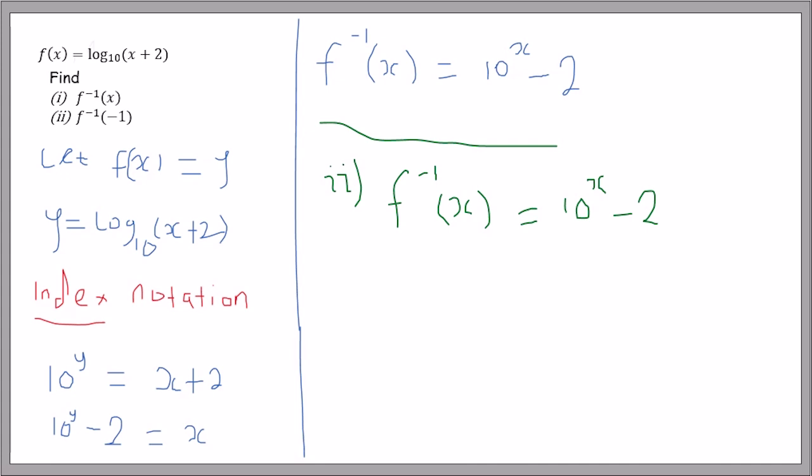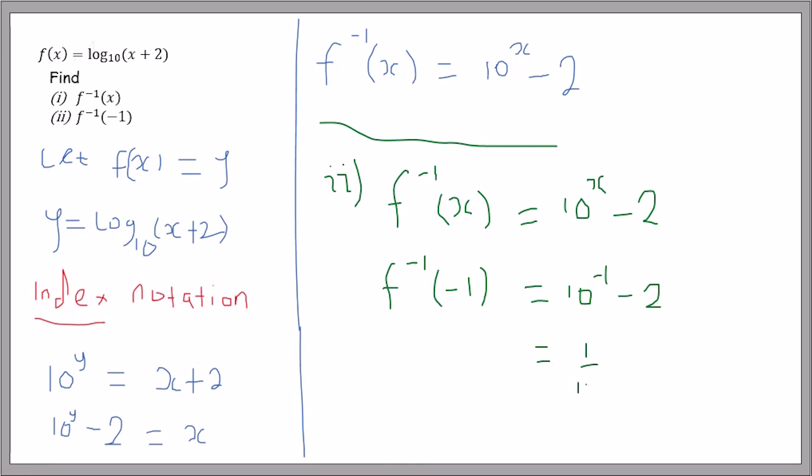So it actually means that if they want the f inverse of that function at -1, on the right hand side, wherever there is x, we put -1. So I will have 10 to power -1 minus 2. So you can get your calculator. This one you can take as the same as 1 over 10.